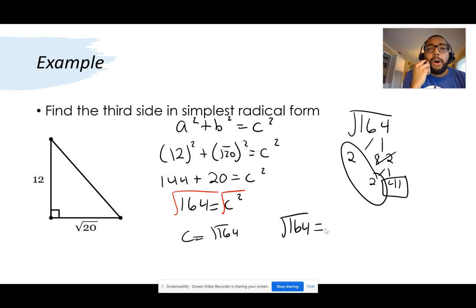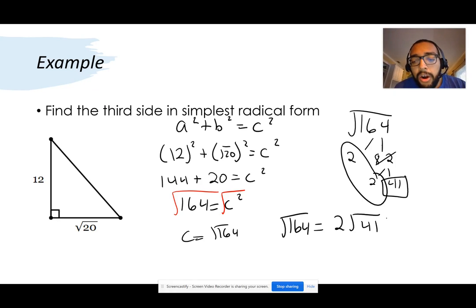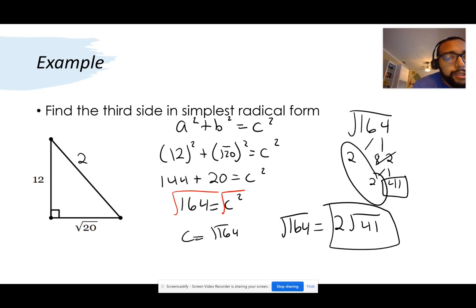We take all of the pairs and place them on the outside, and anything boxed up, which is anything remaining, goes inside our square roots. So that says that 2 square root of 41 would be our final value for our hypotenuse.